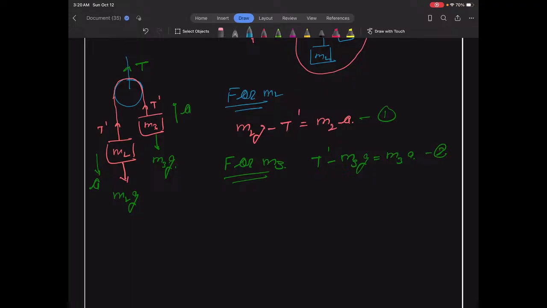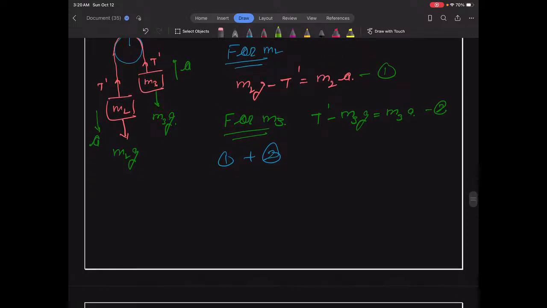We simply add 1 and 2. T prime is going to cancel out, and we get the equation m2g minus m3g, and a we can take common on the right side, m2 plus m3.